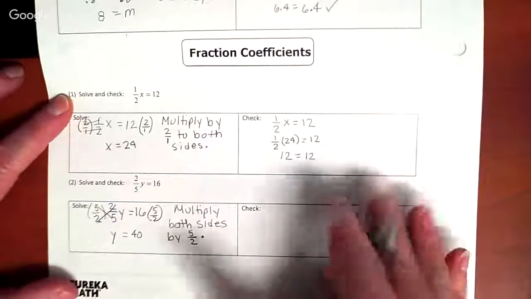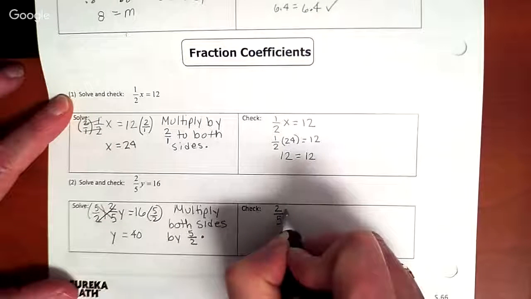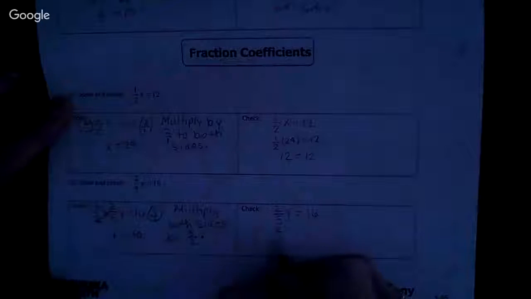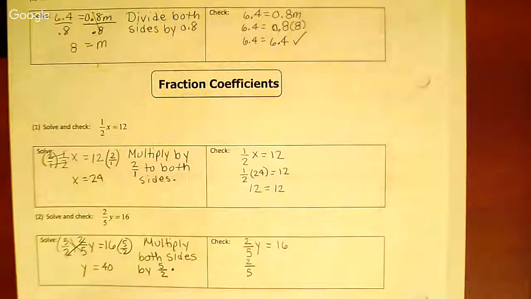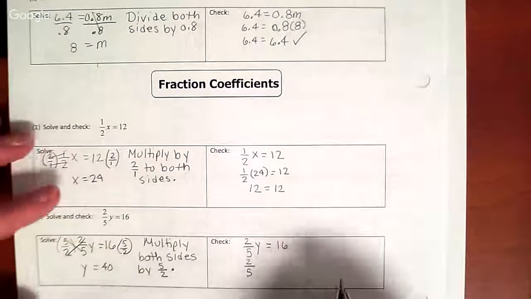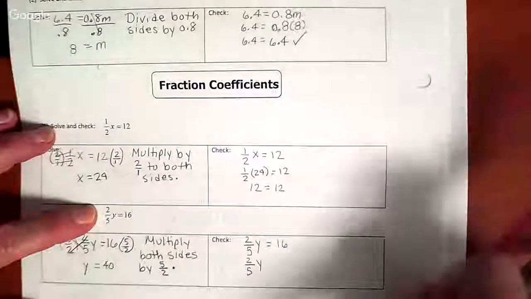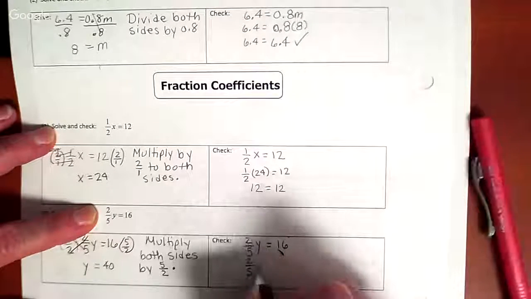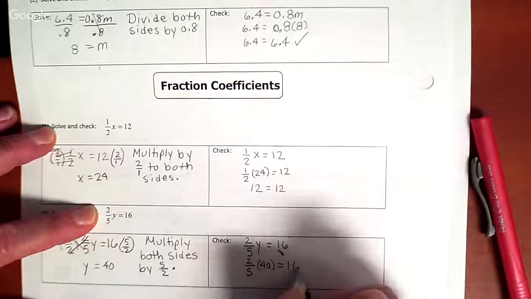So now to check our work, we have 2/5 y equals 16. So 2/5 times 40 equals 16.